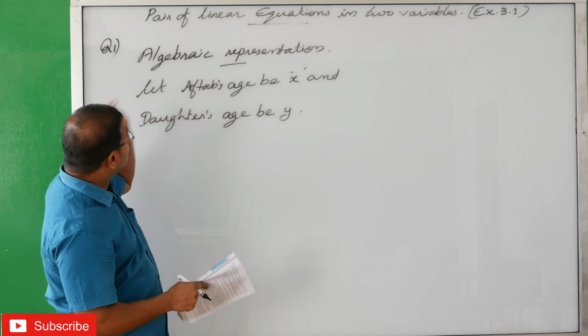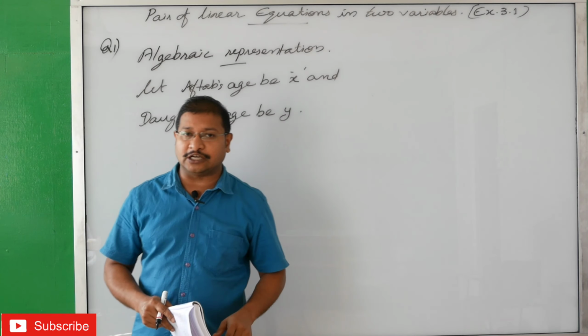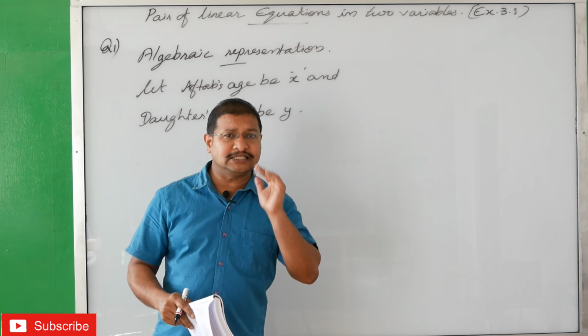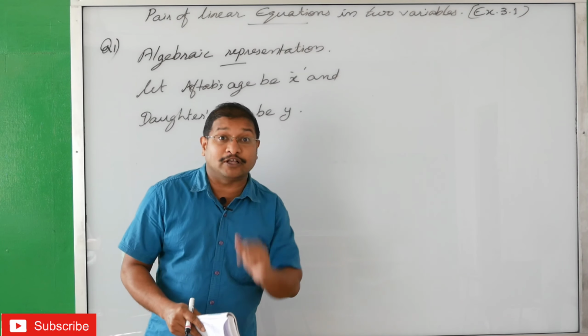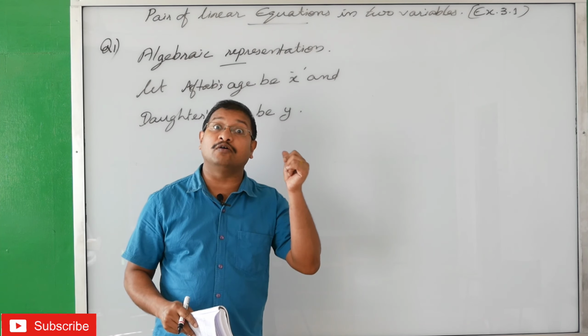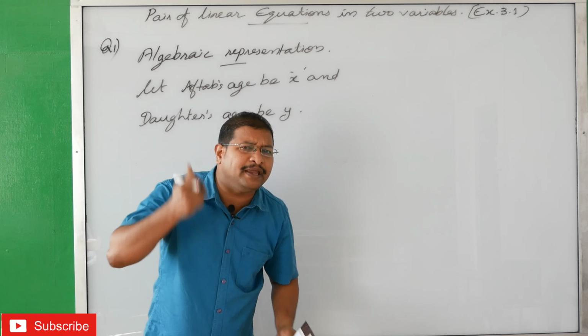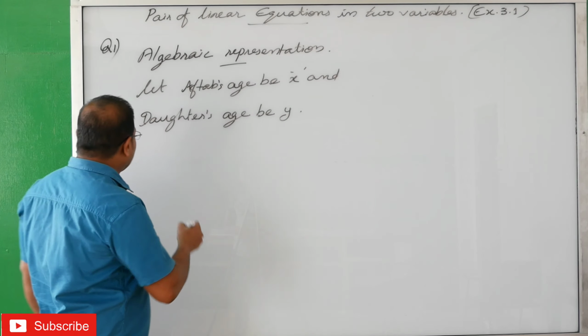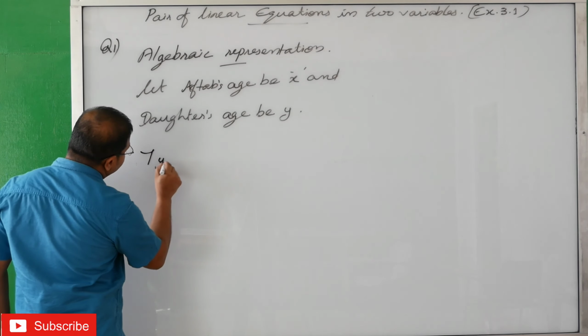Ready? We are doing the first part as algebraic representation. Father's age we are keeping as x and the daughter's age as y. Ready? After that, what did the father tell his daughter? 7 years ago. Ago means previous, isn't it? Back. That means 7 years ago.